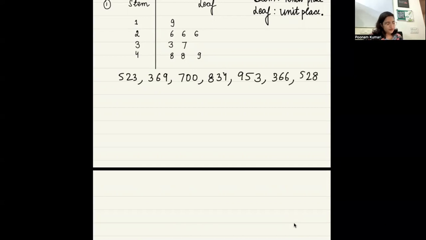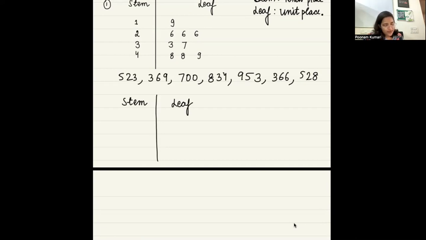What you can do here is, tell me, what do you think you should be doing here? Okay, also for decimals, definitely we'll do that. No worries. What will you do here? So we have to figure out what is stem and what is leaf. So I can do it like this.